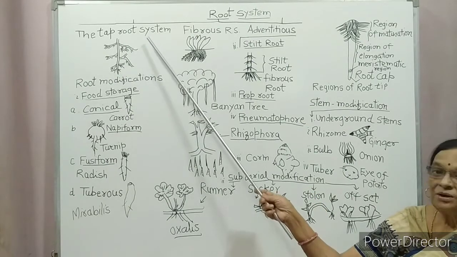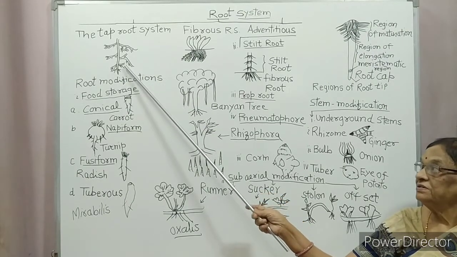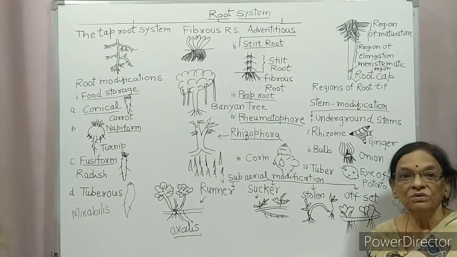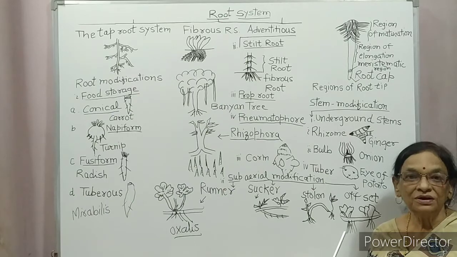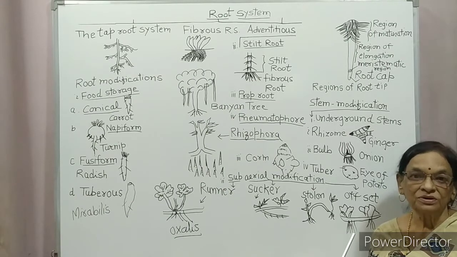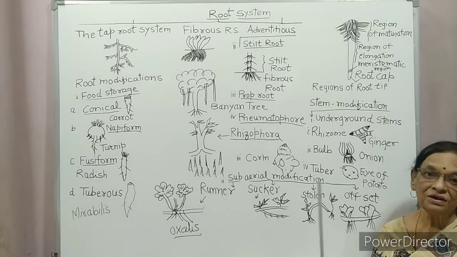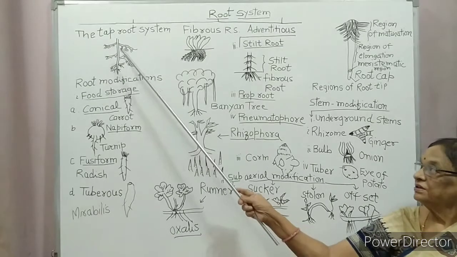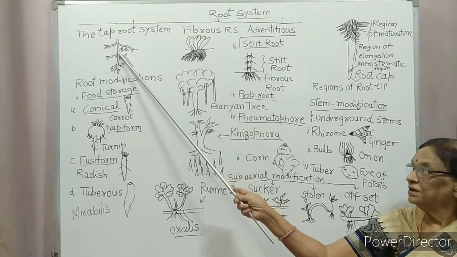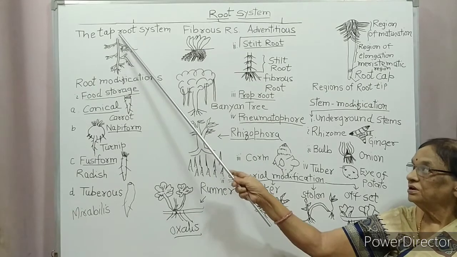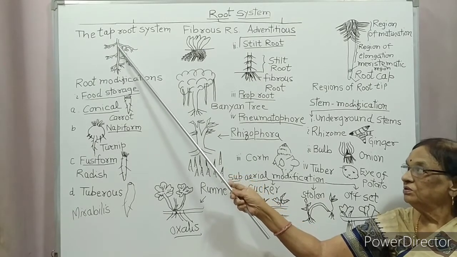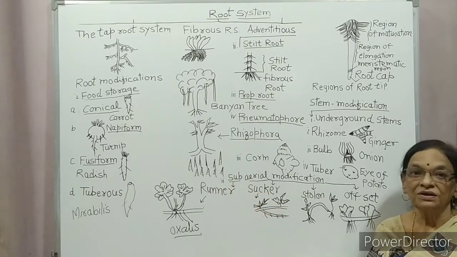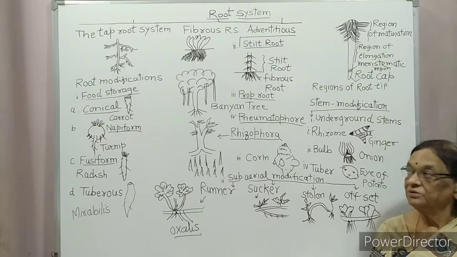What is taproot? You know a seed has two growing points, radicle and plumule. So when the radicle grows straight, this central part is the main root, which is formed due to elongation of the radicle.